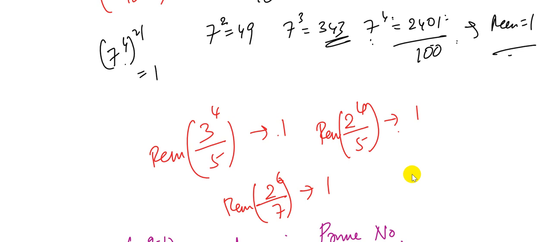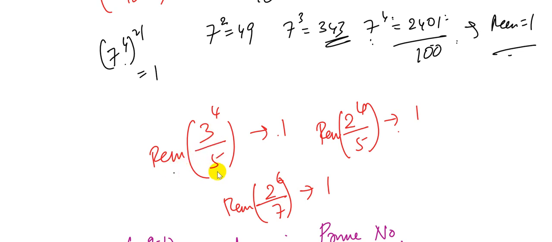So it's 2 to the power 2? Why 2 to the power 2? You are mixing up power cyclicity with congruence modulo. Congruence modulo is a different thing. Cyclicity is different. Yes, sorry, sir. Let me repeat the examples.